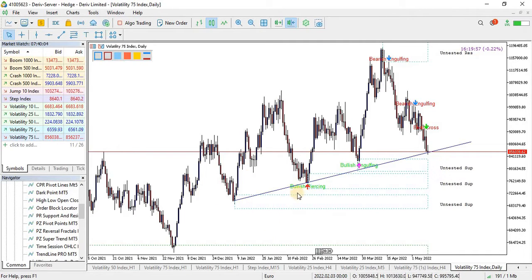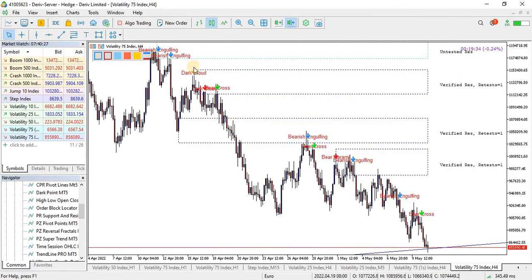indicators or systems, on a daily we are in this massive buy uptrend, with bullish engulfing candles and untested support zones here. Going on lower time frame, it supports the theory of us being in a downtrend with these multiple bearish engulfing candles on and around verified, retested resistance levels.